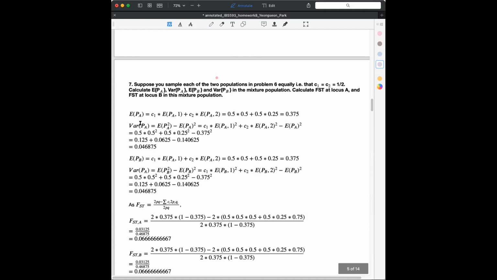So for the variance, I just calculate the expected squared frequency of A alleles minus the square of the expected A allele frequency. So that's going to be C1 times the squared expected allele frequency in population 1, and also the same for population 2.